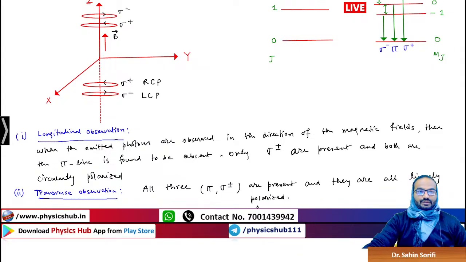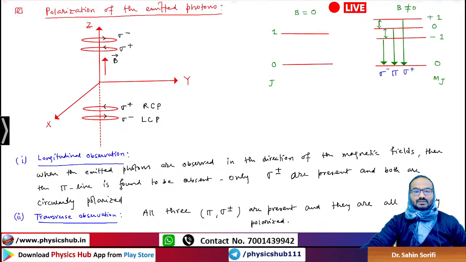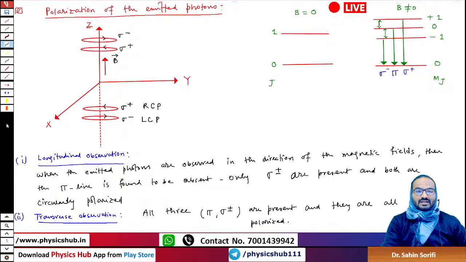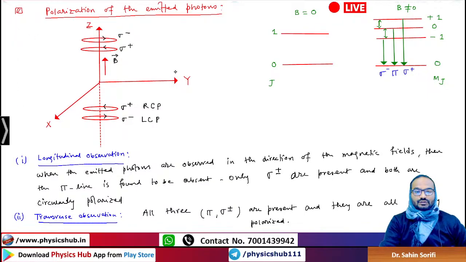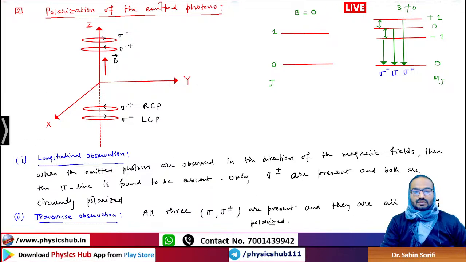Okay. So now transverse observation means you are observing it perpendicular to the magnetic field. So you will have all linearly polarized components.